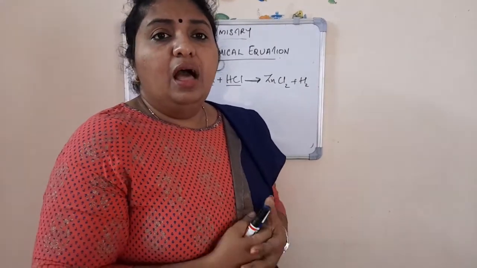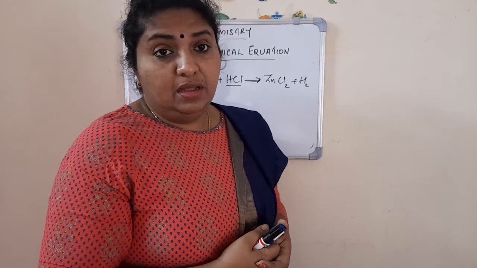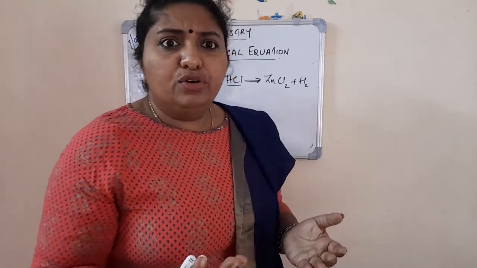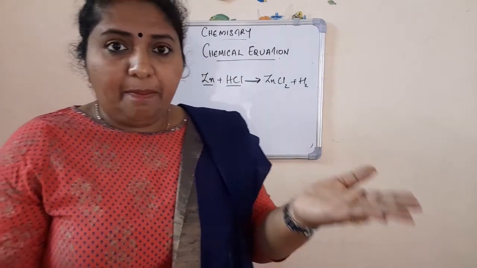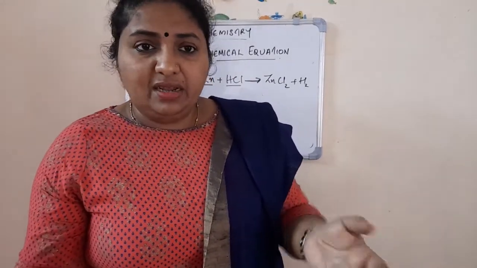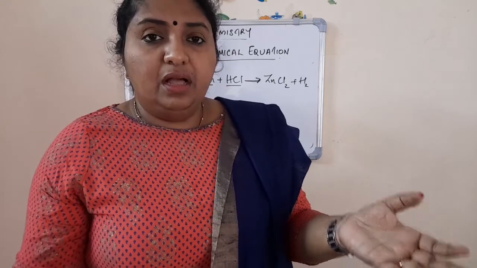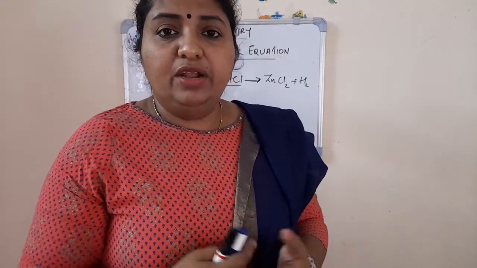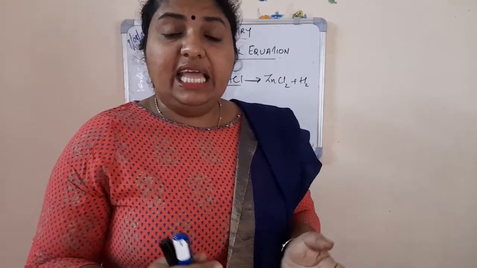How can we make that happen? Yes, by balancing them, isn't it? When you go to the shop, you know how they balance the pans, by putting the weight here and the vegetables or fruits in the other pan. Then only they will give it to us. In the same way, in chemistry also, we have balancing of the chemical equation.